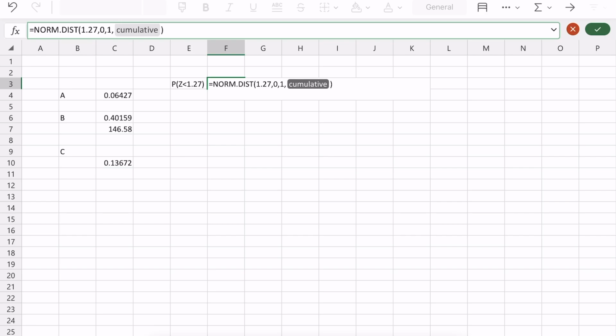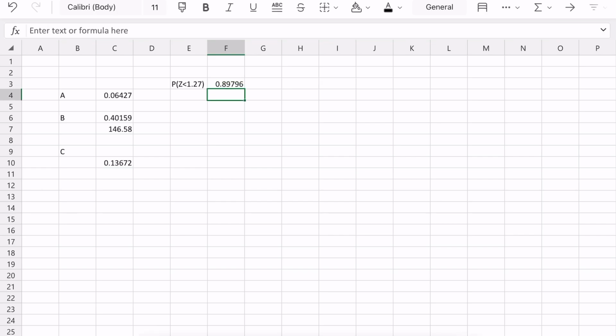Now, do I want cumulative? Yes, I certainly do, because it's everything from negative infinity to 1.27. So I'm going to go 1 on that one, 1 for true. Press enter, and there it is. Exactly what I saw before, except this is more accurate. It's a probability, so I'm just going to round it.